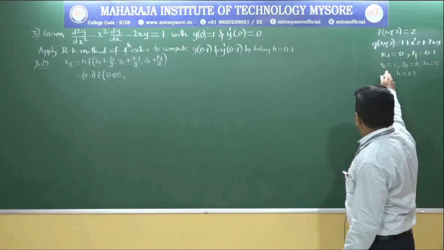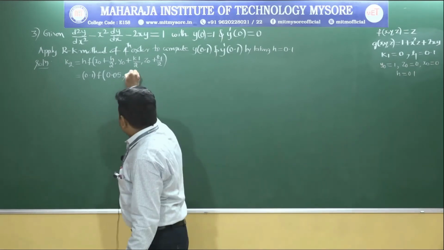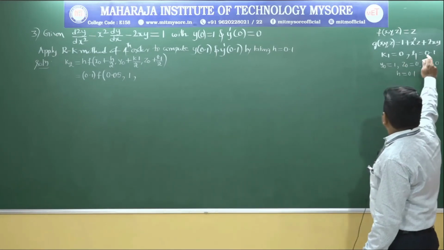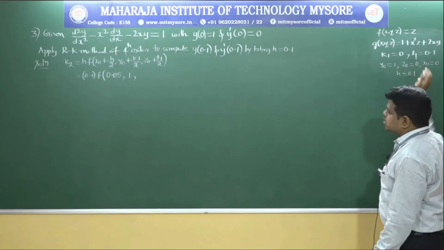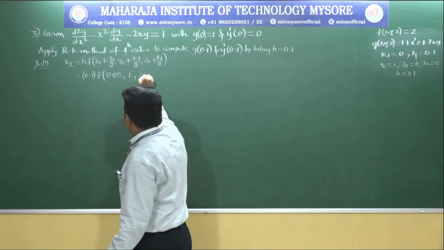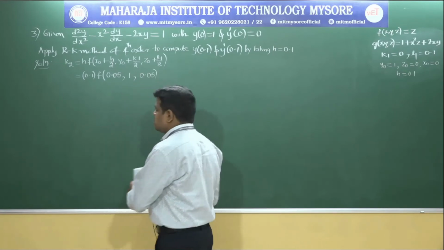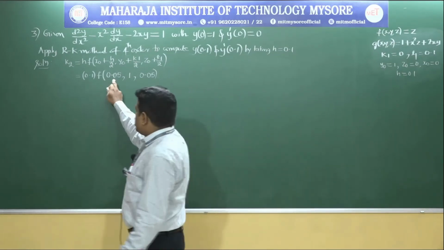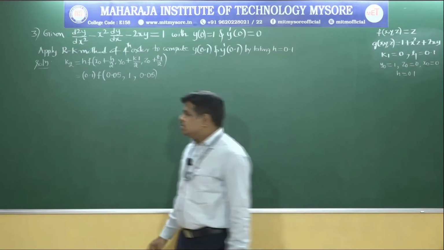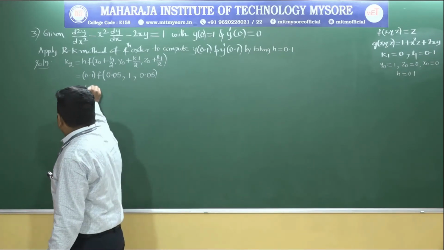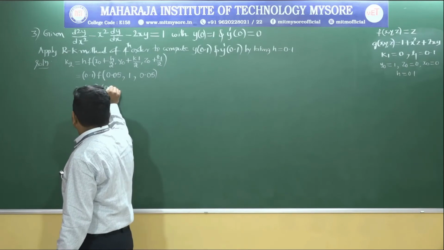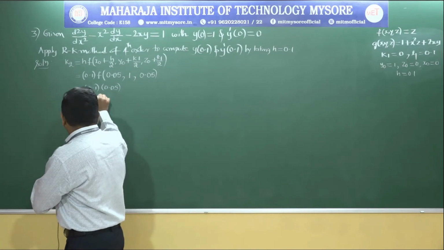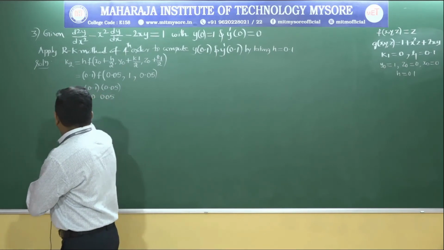Since k1 is 0 and y naught value is 1, the second value you get is 1. Third value is z naught plus L1 by 2. L1 is 0.1, z naught is 0, 0.1 divided by 2, we get 0.05. We know that f of x comma y comma z is z. Here the value of z is 0.05, that is 0.1 into 0.05. We get K2 as 0.005.